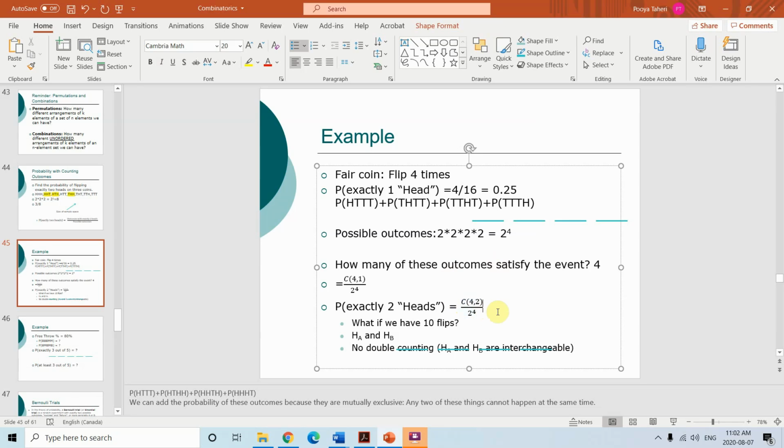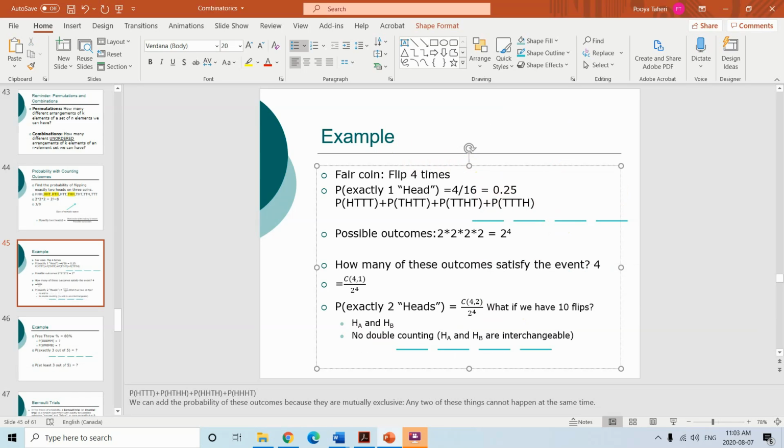Because if you have something like this, these 2 are going to be the same. It's not head A and head B, the order doesn't matter, right? So we basically have to choose 2 places out of 4 places to place the heads in, and then the rest has to be tail. Okay, so this is a combination problem.